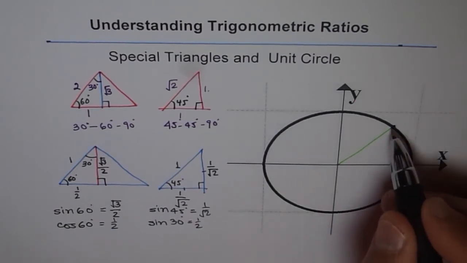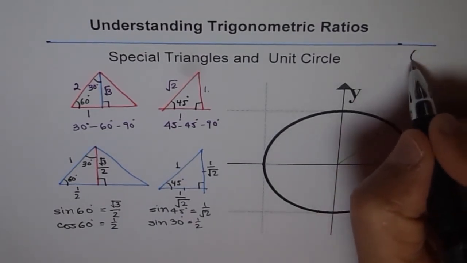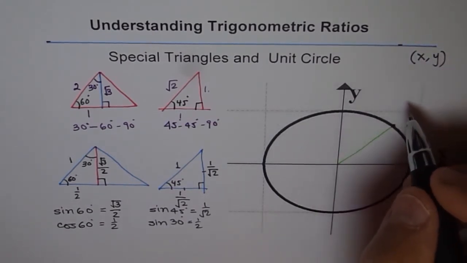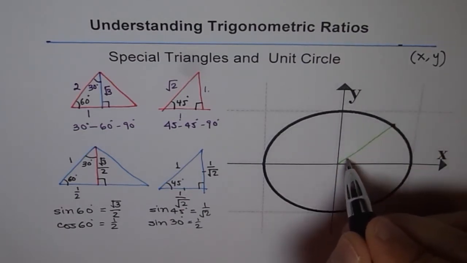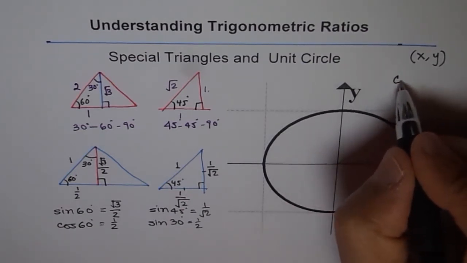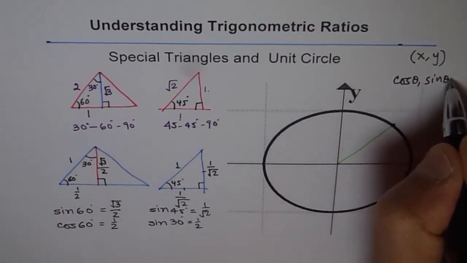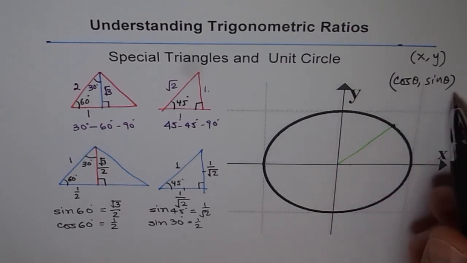And therefore, in general, any point here which could be written in the form of x comma y is basically what? Let's say this is the angle theta. It is cos of theta comma sine of theta. Mathematicians have been using this for a very, very long time, and they are called polar coordinates.